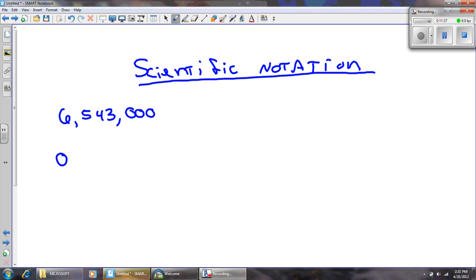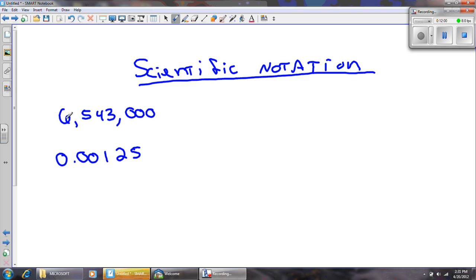And also we'll take this number here, 125 hundred-thousandths. And I'm going to convert them to scientific notation. I always need my number in scientific notation to be between 1.0 and 9.99.